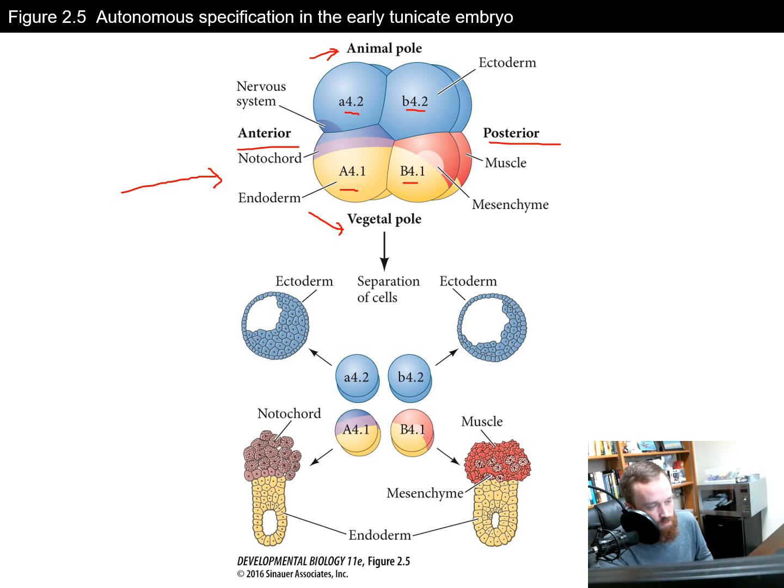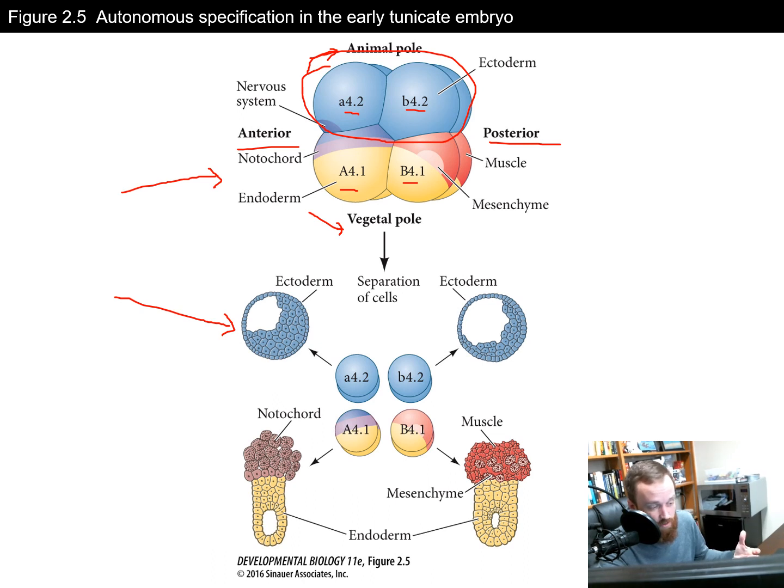And if you are to remove some of these groups of cells at this stage, for example, B4.2 and A4.2, just this section here, and we put them in a neutral area so they're not surrounded by other cell tissues, then those cells will continue to develop based on what they are specified to do.